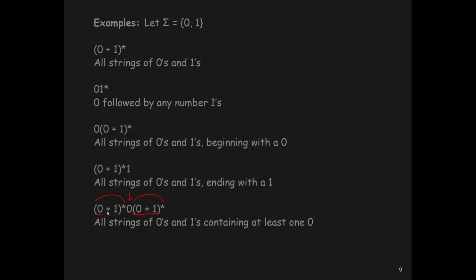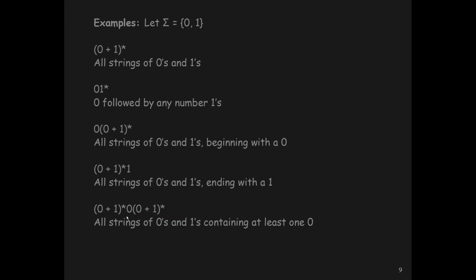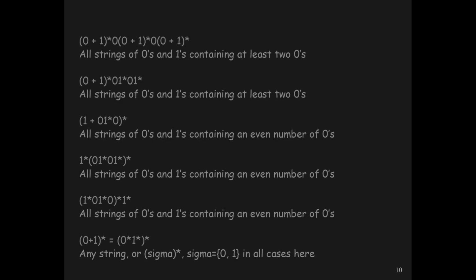So it doesn't matter whether it's at the start, which you can do by just not generating anything. Thanks to the star, you can generate nothing at all, okay? Or it can also appear at the end if you do the same with this one. By using the star, you can choose not to generate anything. But anyways, point is, there needs to be at least one 0 because of this concatenation.